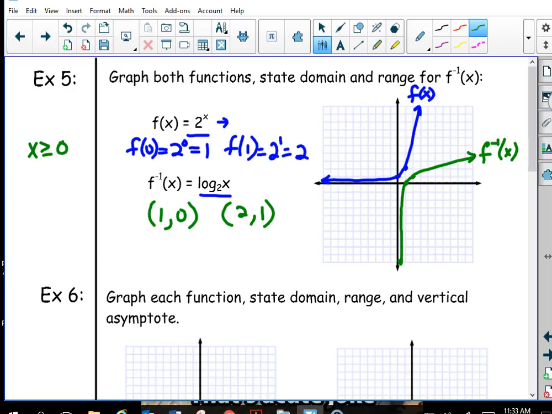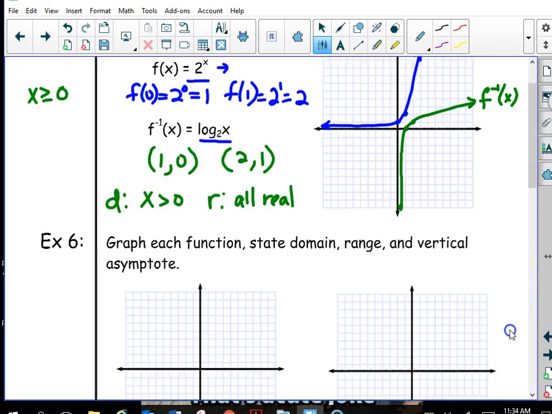So state domain and range for f to the minus 1. Domain: x has to be, sorry, I'm mixing up my notations here, x has to be greater than 0. And the range, there are no restrictions, so it's all real. In XYZ, they only ask you about the domain of logarithms.